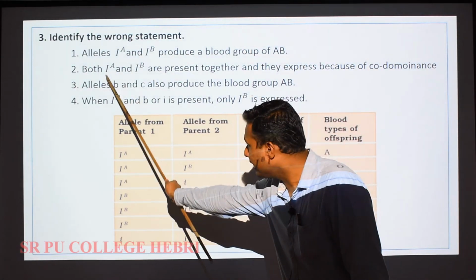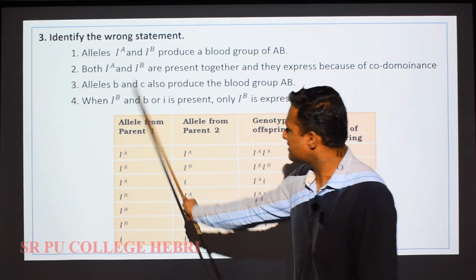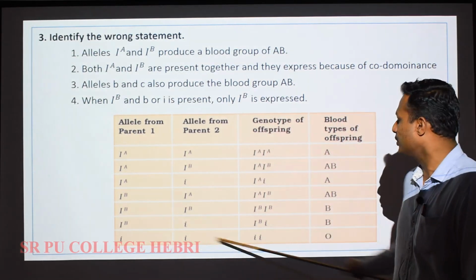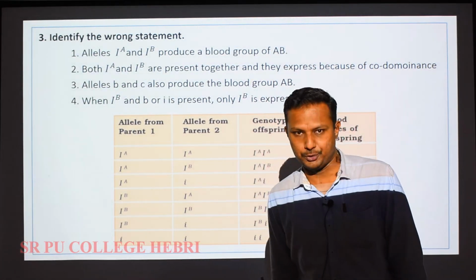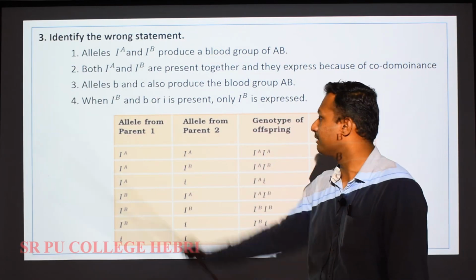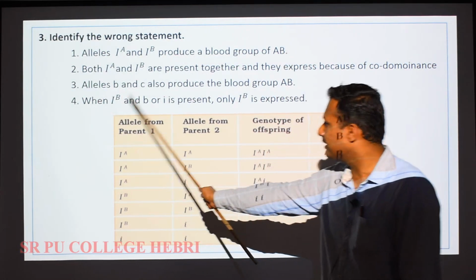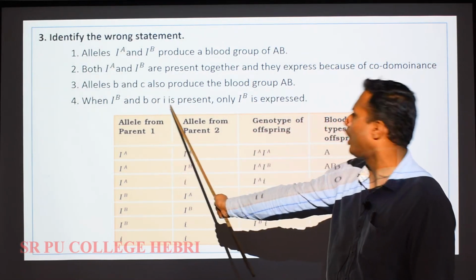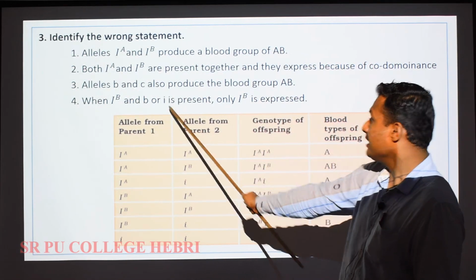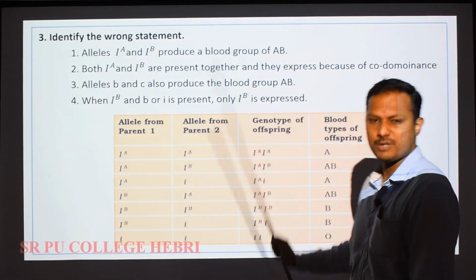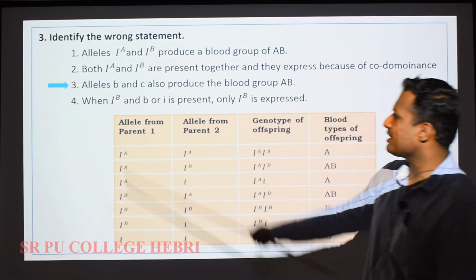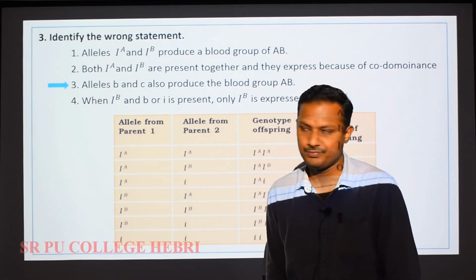That means they are taking the recessive genes here, recessive B and recessive C. So what is it going to become? When they are recessive, obviously it should be O blood group. Right? So this is the wrong statement. Looking at the fourth statement, when IB and i, that means one is dominant and the other is recessive, only IB is expressed. This is correct. The one which is dominant will be expressed. So the answer is the third one.